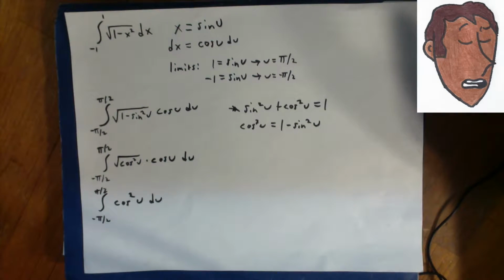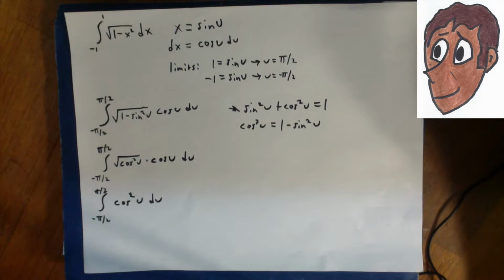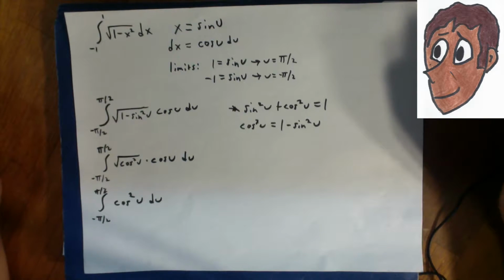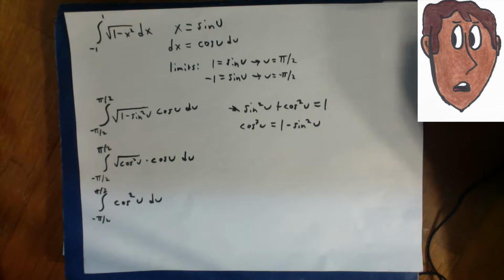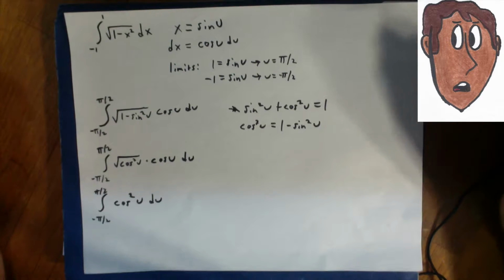I don't know the integral of cosine squared off the top of my head, but that's okay. We can just look it up in an integral table. I found it at integral-table.com. Really useful site. Go check it out if you need to find various things in tables.